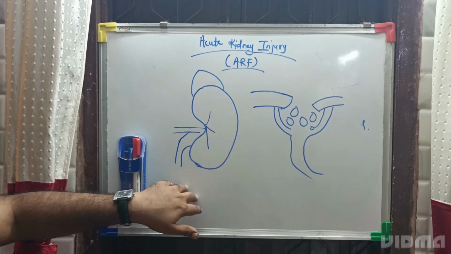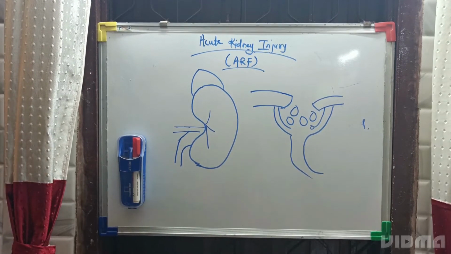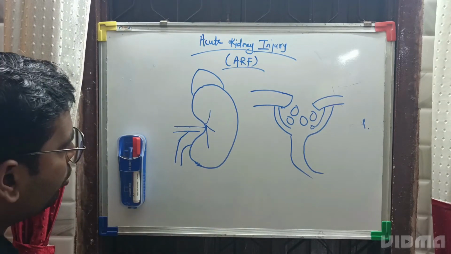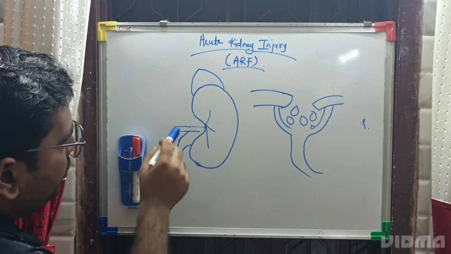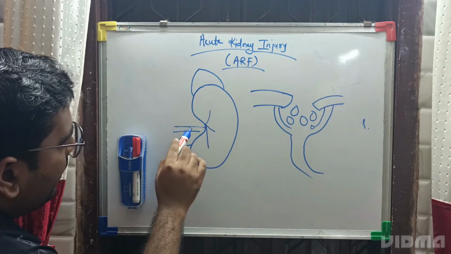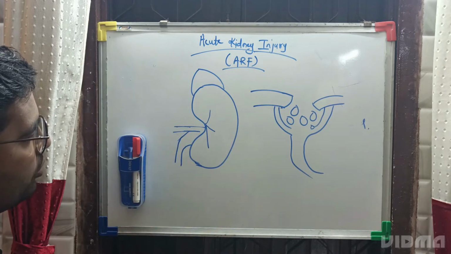Suppose this is the kidney and these are the nephrons. The nephrons are the structural and functional unit of the kidney. So the blood enters the renal artery and it enters into the nephrons.